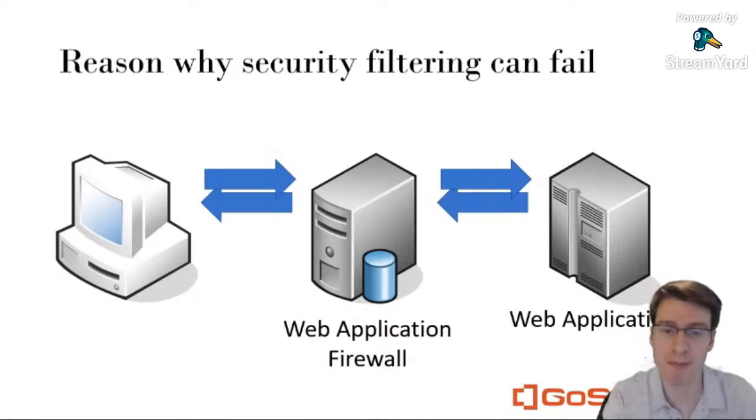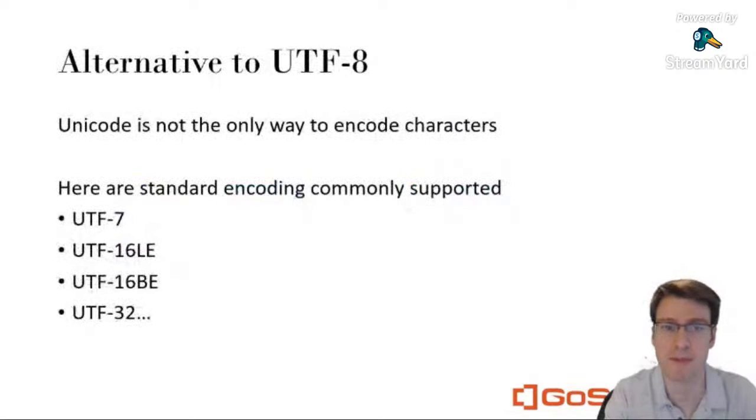Your web application will be the backend, and your web application firewall will intercept all the requests, and looking at the user input, it will try to identify XSS payloads or potential SQL injection payloads, these types of patterns, and potentially block certain requests to avoid certain attacks.